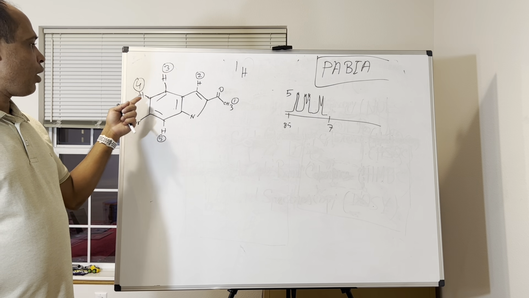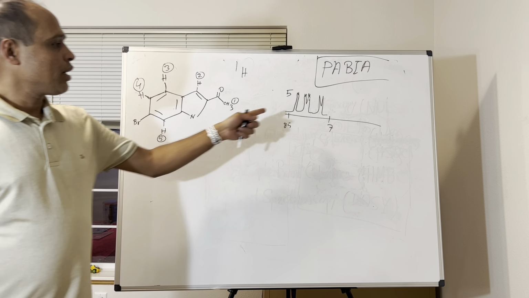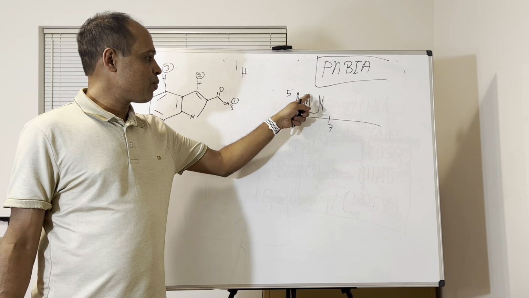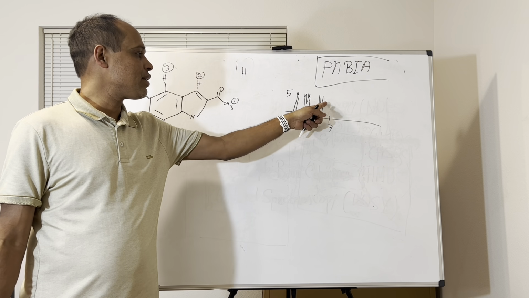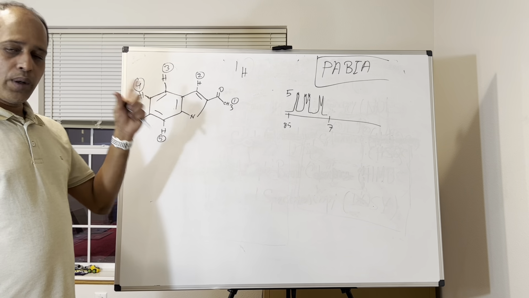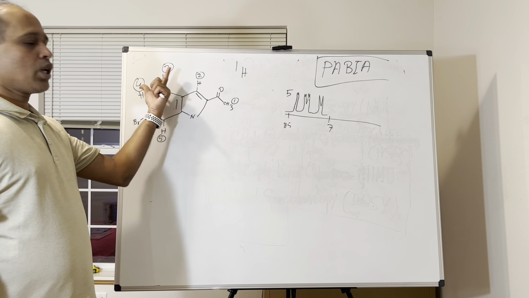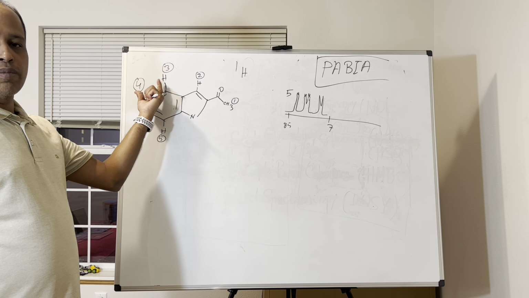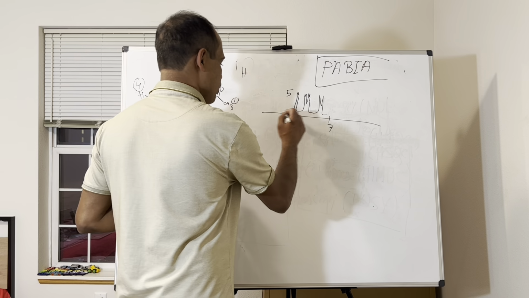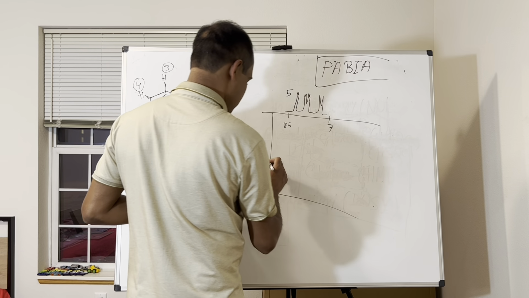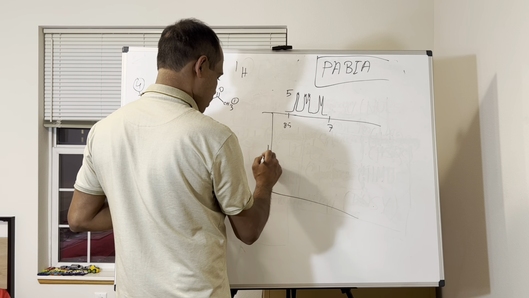Now the 4 and the 3, okay, if you see this kind of splitting and 3 doesn't have it, you can easily determine it is 3, it is 4. And it can also be confirmed with the COSY because they are close by, 3 bonds away from each other, okay? If you take the COSY, you will see the same.